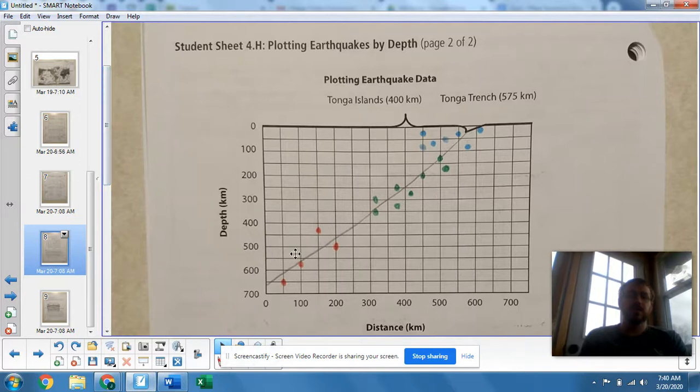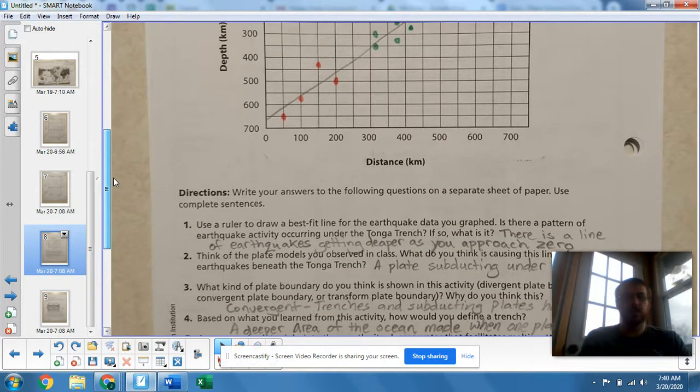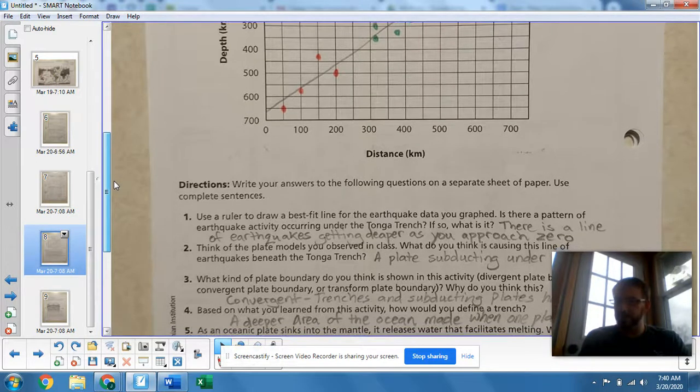That kind of went down like this. And we had some questions that asked us a few things about this. So it says, use a ruler, draw the line of best fit, which I did. Is there a pattern for earthquake activity under the Tonga Trench? If so, what is it?